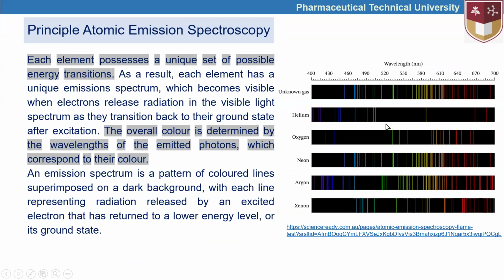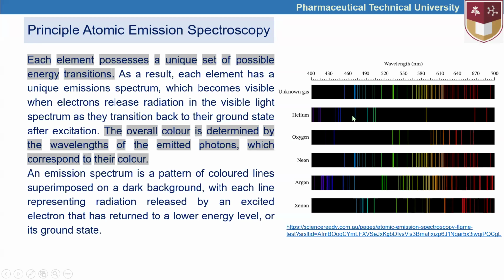Okay, next. This is the continuation of that text. Each element possesses a unique set of possible energy transitions. As a result, each element has a unique emission. Again, we do not see high similarities between the emission spectra of atoms.